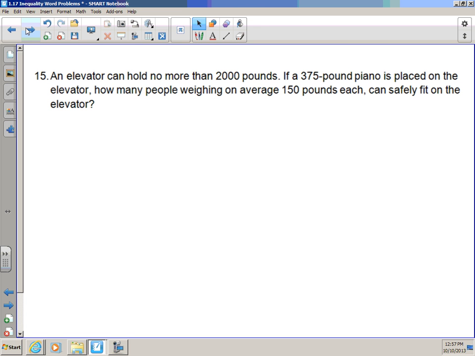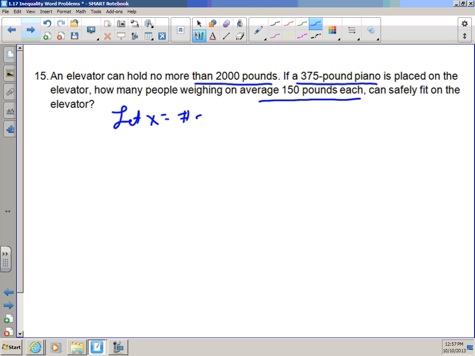Last one. An elevator has a capacity of 2,000 pounds. We put in a piano that weighs 375. And if I have people weighing an average of 150 each, how many people can I put in this elevator? So let x equal the number of people.